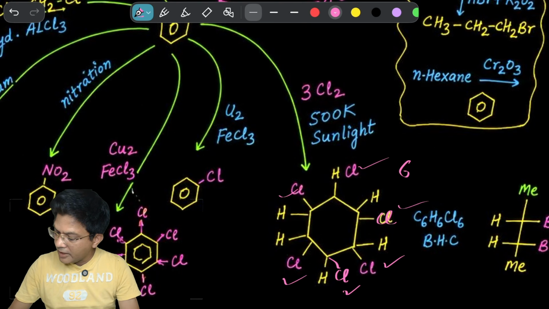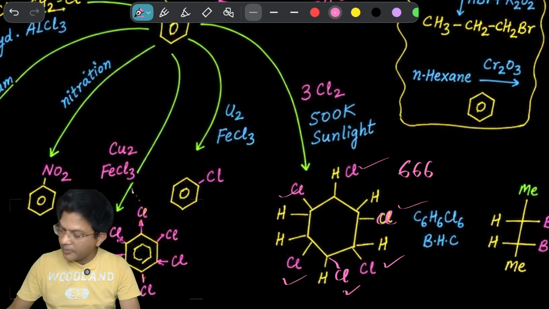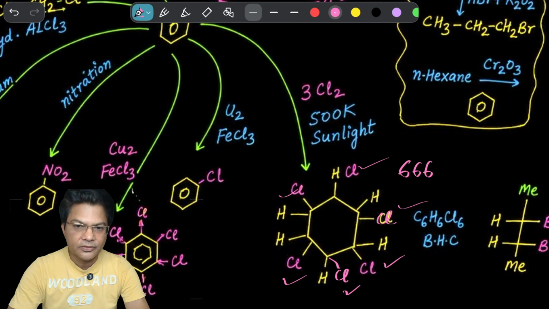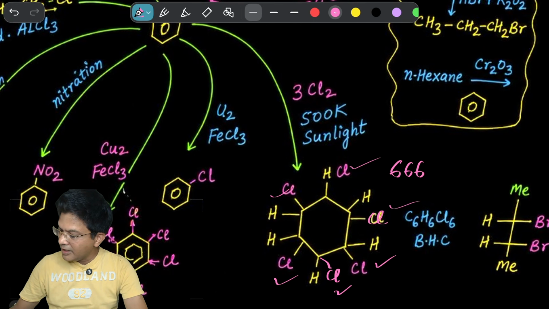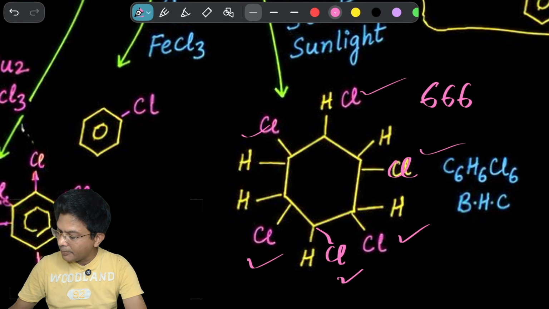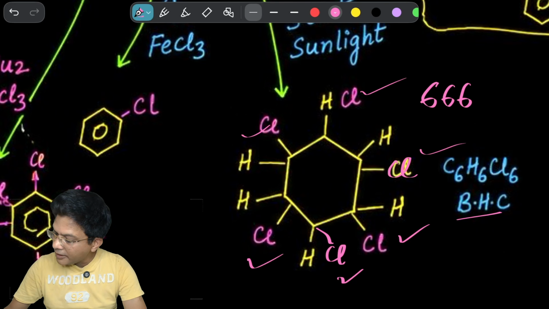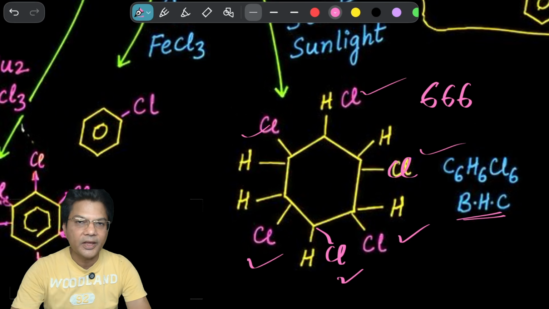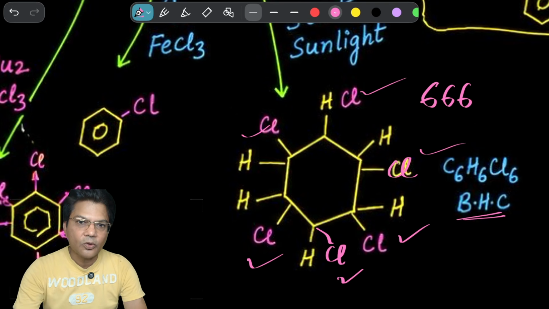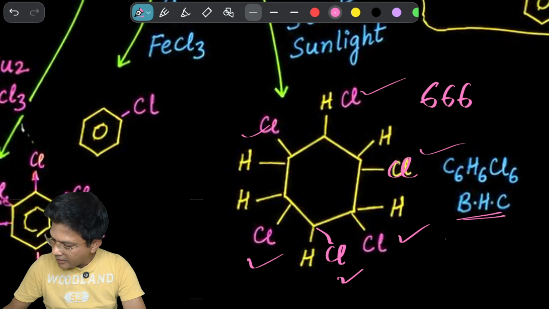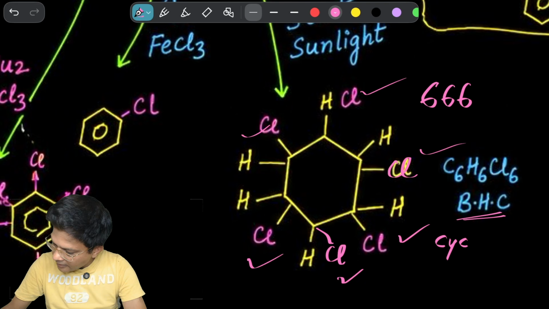Triple six: six, six, six. Remember that its name is triple six. Its name is BHC, benzene hexachloride. Remember that its name is BHC, benzene hexachloride, but there is no benzene. Just see, it is cyclohexane. Always remember that it's cyclohexane.